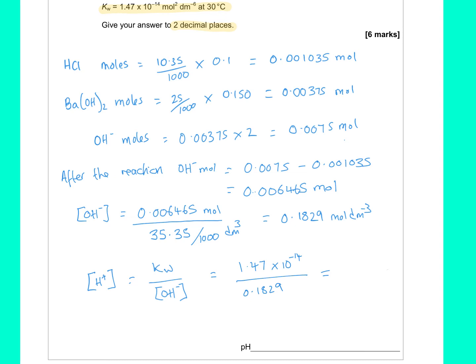And once we get the hydrogen ion concentration, we can plug it into our pH calculator. So negative log to base 10 of the hydrogen ion concentration will give us the pH.